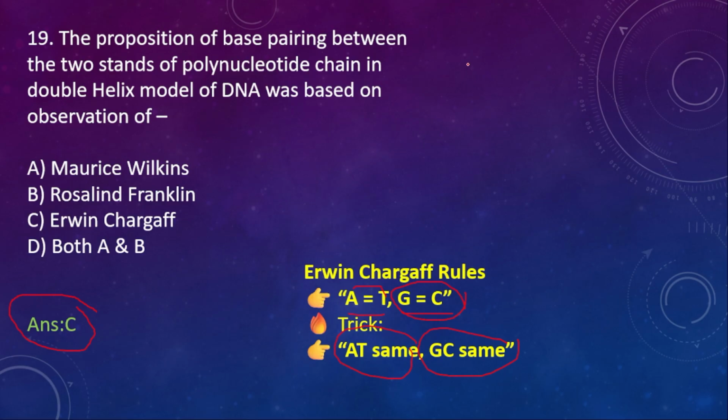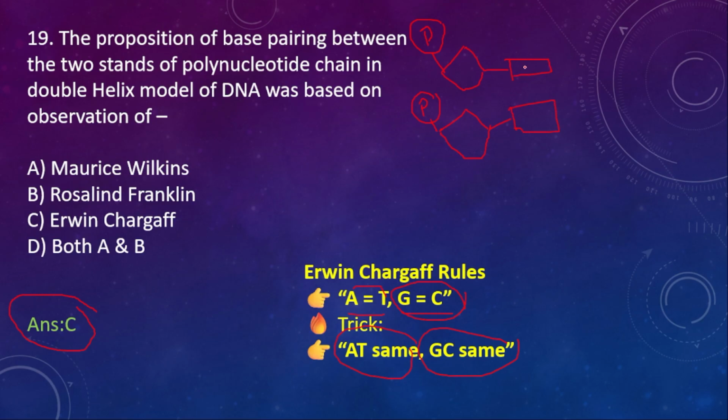What does this pairing mean? If I say this is the pentose sugar and there will be a nitrogenous base, and here there will be a phosphate group and one more nucleotide. If I draw one more phosphate group, and here is the nitrogenous base.